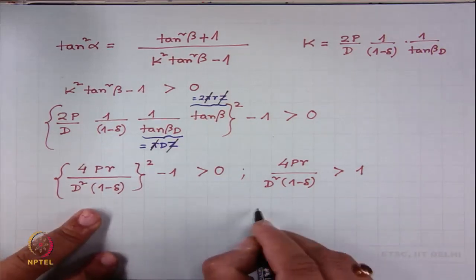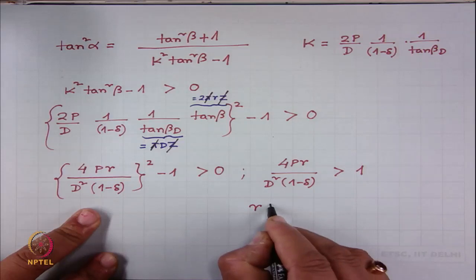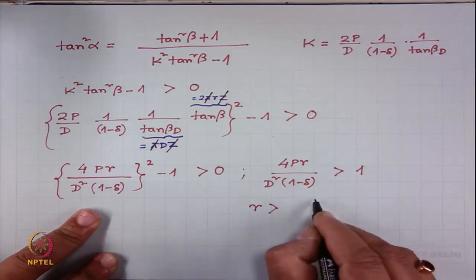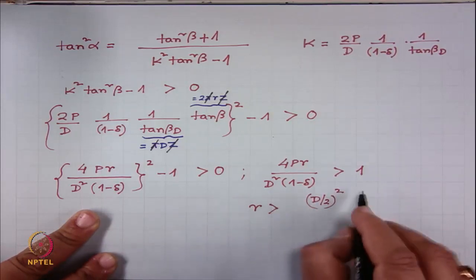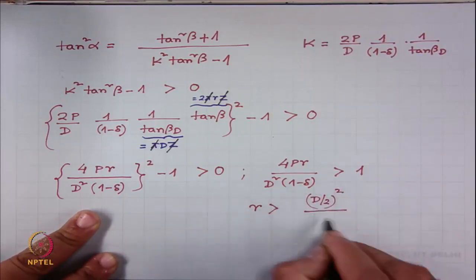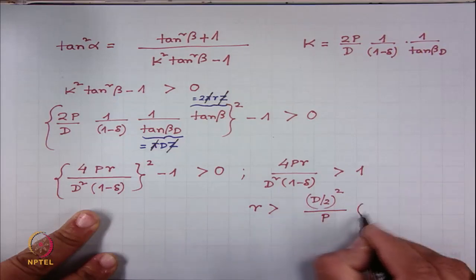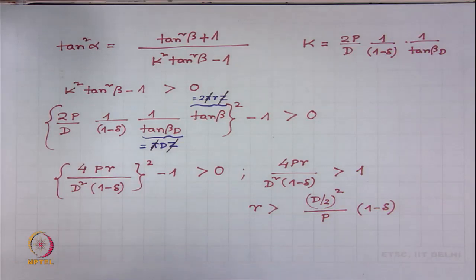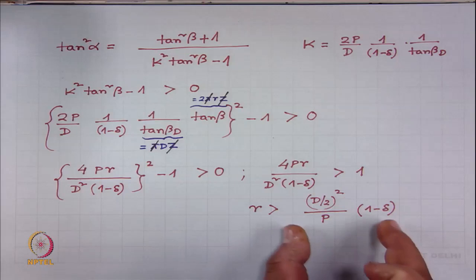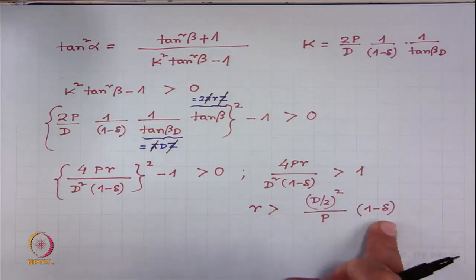So, r must be greater than a small quantity. D is very small, P is small, retraction is also small.